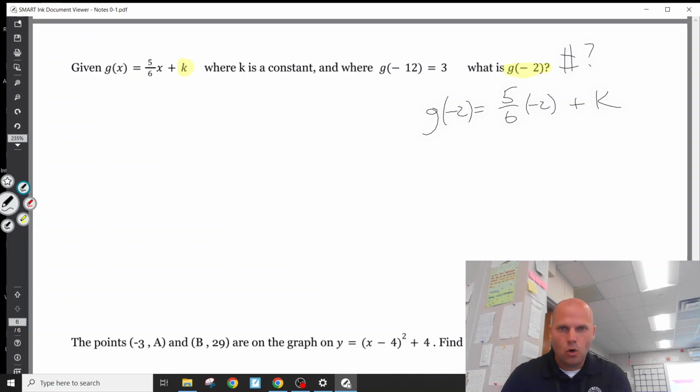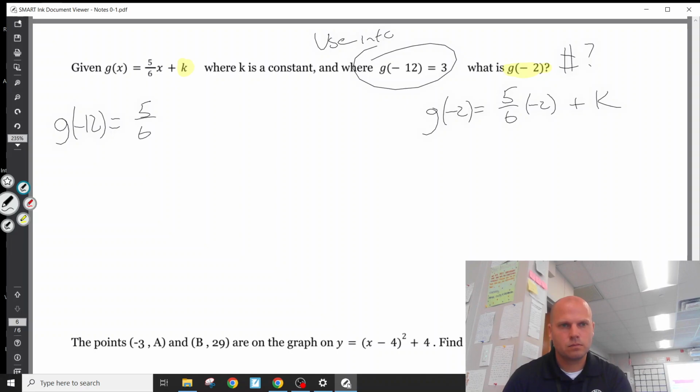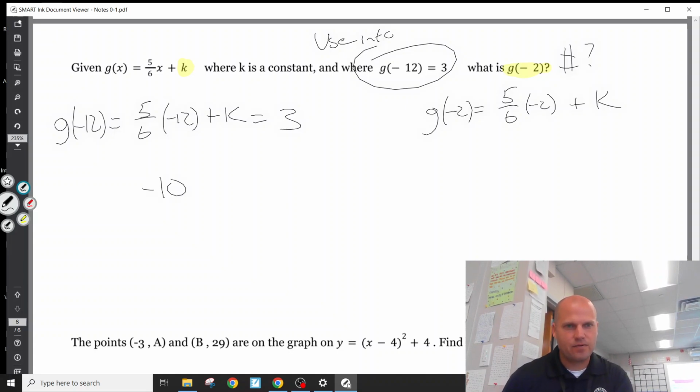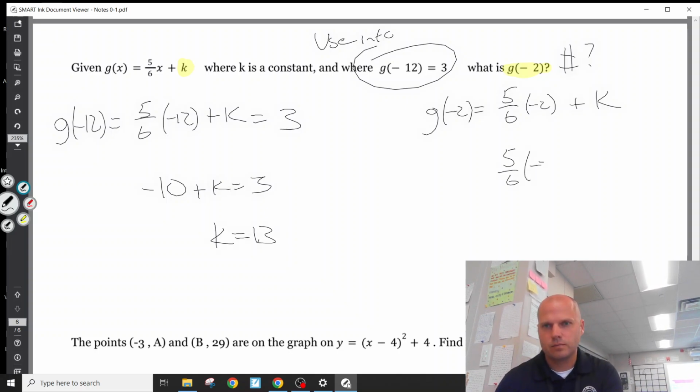What we're going to have to do is use this information. When I plug in negative 12, my output should be 3. When I plug in negative 12, I get negative 10 plus k, which has to be 3. Okay, well then k has to be 13. Well, now I can figure out what g of negative 2 is.